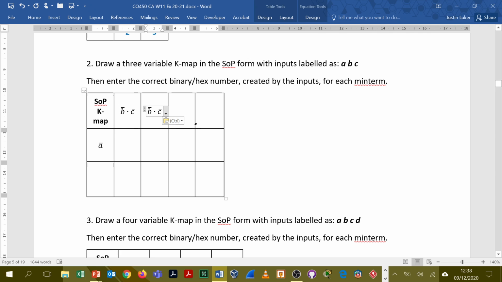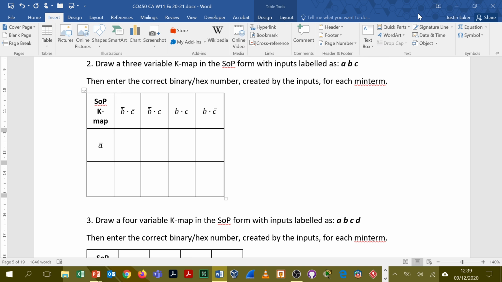So where it was not C, we're now going to make it C. And then we're going to make the B, so left now becomes B. And then finally we go right again, and C changes to not C. And that's all the combinations of B, C. And then here, well, it's just A and not A, isn't it? So that's easy enough to do.